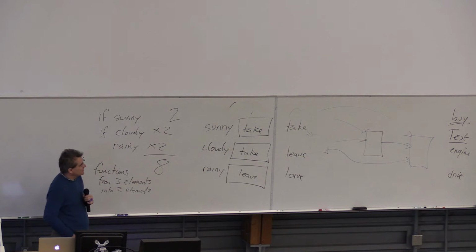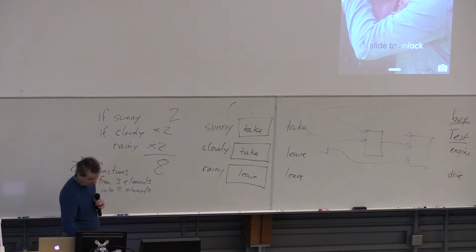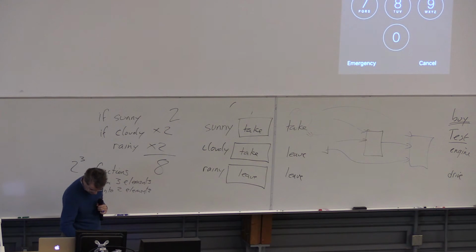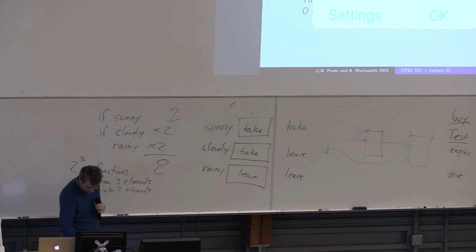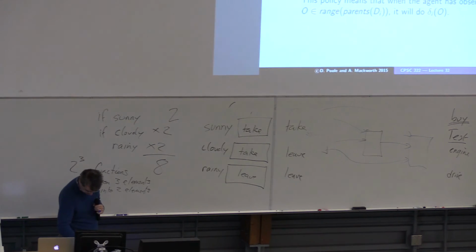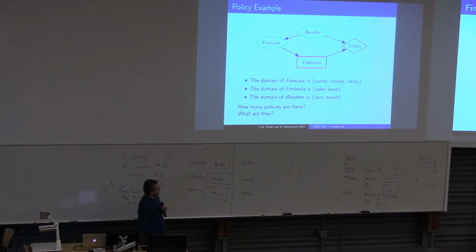We're going to repeatedly sum out a random variable that's not a parent of a decision node. In here, what's the random variable that's not a parent of a decision node? Weather. Where are we going to sum out weather?